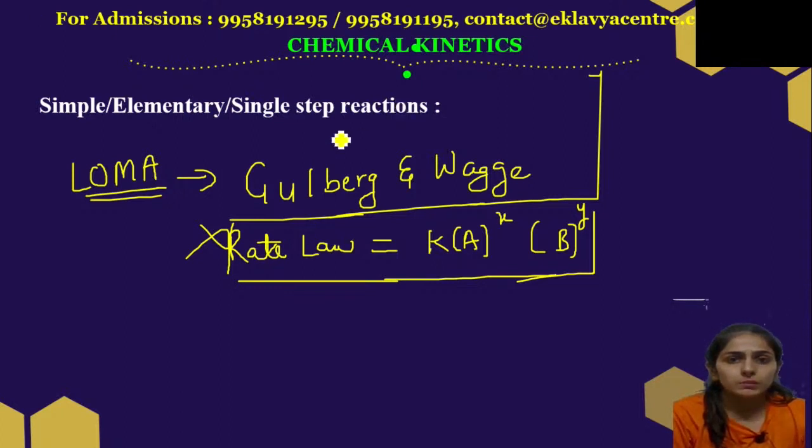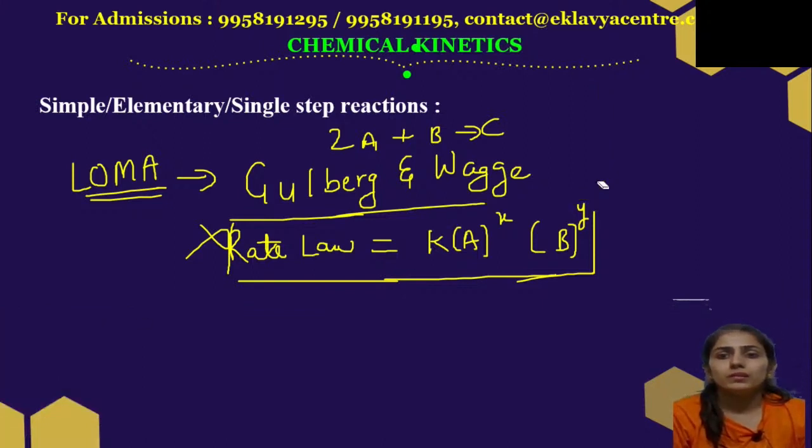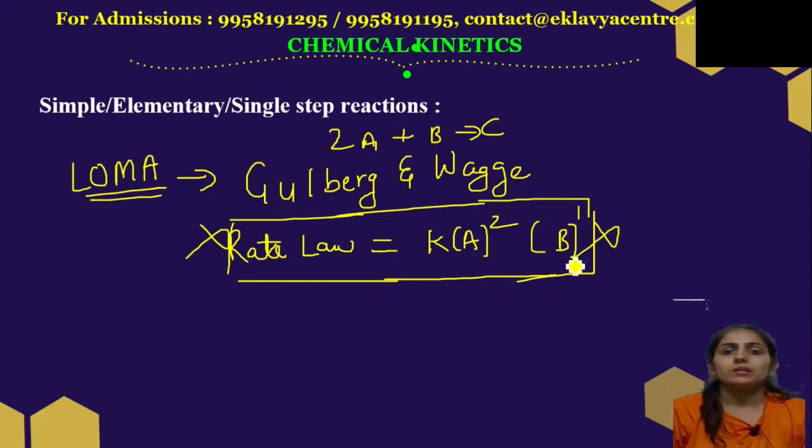Suppose I simply give you 2A plus B gives C. They simply said that you can write the rate law by looking at the chemical reaction, suppose A to the power 2 and B to the power 1, but this is incorrect. In some chemical reactions this method was applicable, but for some it failed. So we don't study this method, that is the law of mass action.